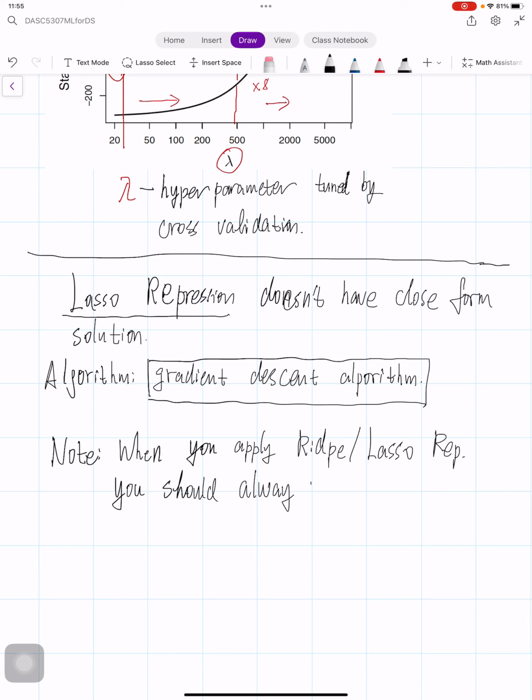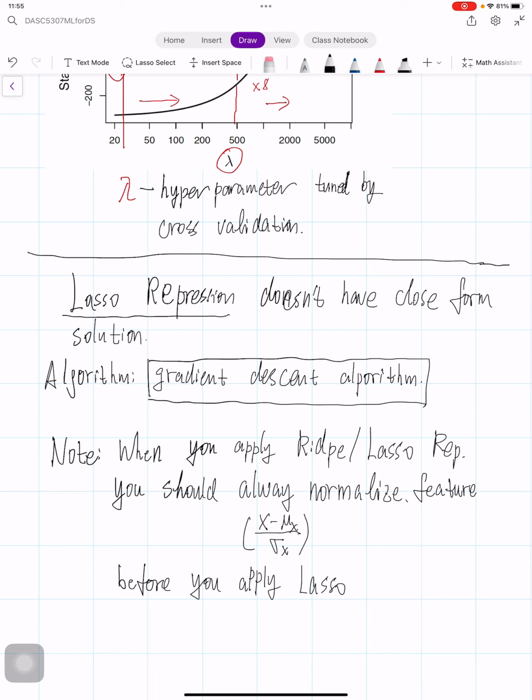For example, for each feature, you subtract the average of that feature and divide by the standard deviation of that feature. Normalize the features before you apply lasso or ridge.